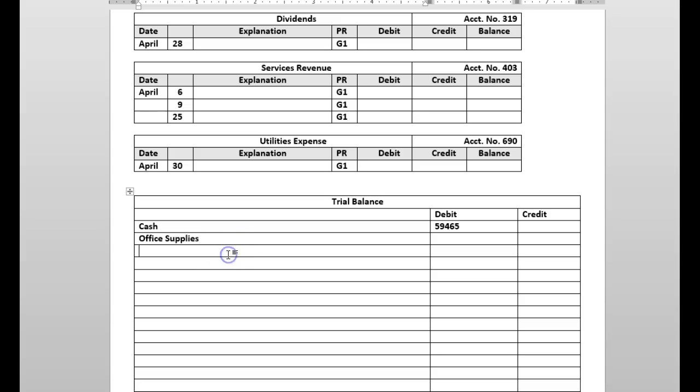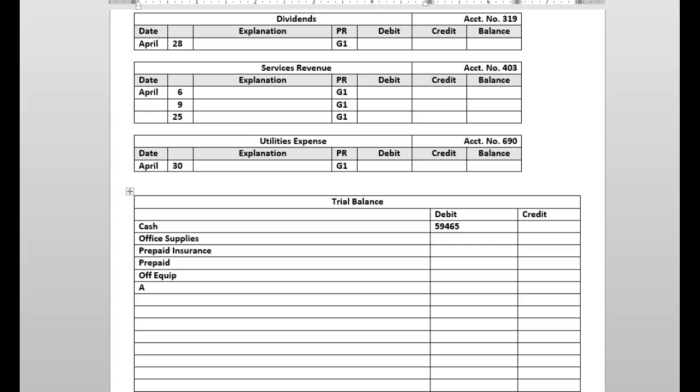Office supplies is going to be a debit. Prepaid insurance is going to be a debit. Prepaid rent is going to be a debit. Office equipment is going to be a debit. Do you notice all the assets have a debit balance?